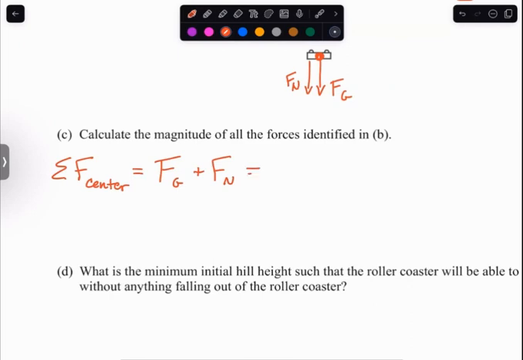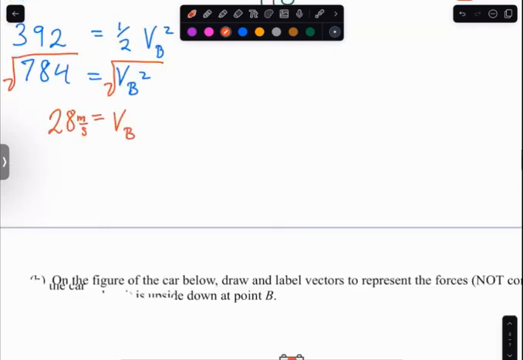If we get a negative number, then we know that we have to switch the arrow direction. So that's equal to mass times the acceleration to go towards the center of the circle. So Fg is mg. My normal, we don't know. We need to figure that out. And that's equal to my mass times the acceleration to go in a circle, which is v squared over r. We just got our velocity, 28.